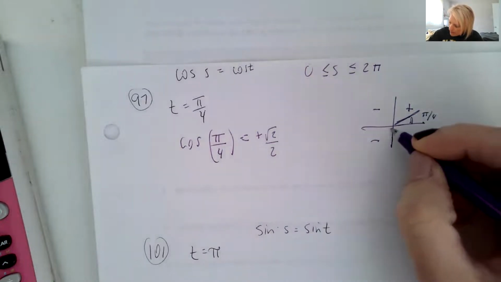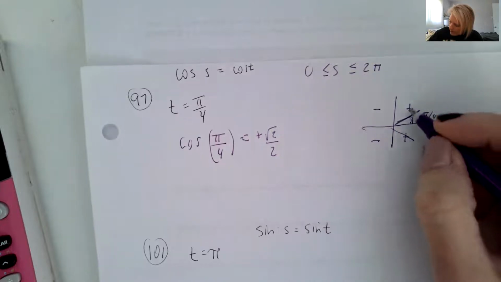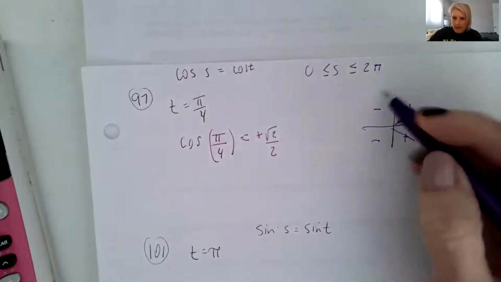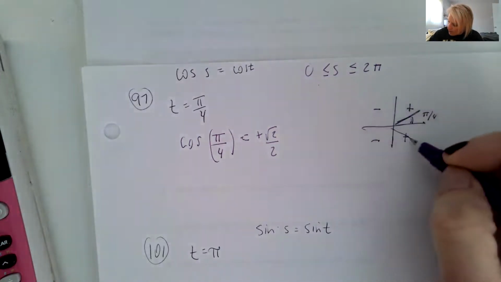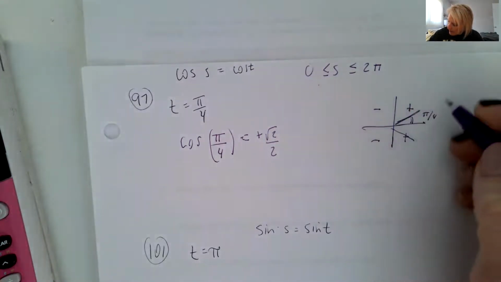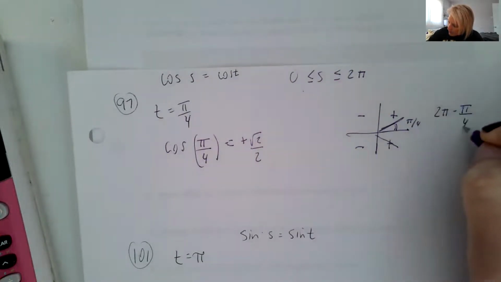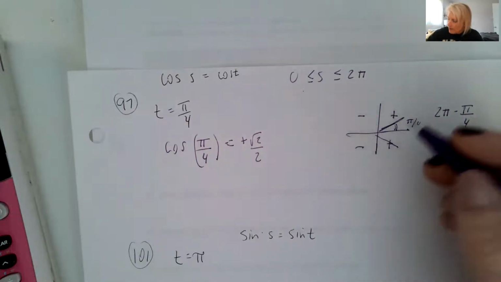So we have to go down here, and it can't be a negative. It has to be between 0 and 2 pi. So that means we're going to go all the way around just short of 2 pi. So it's going to be 2 pi minus pi over 4, because we want this angle here.